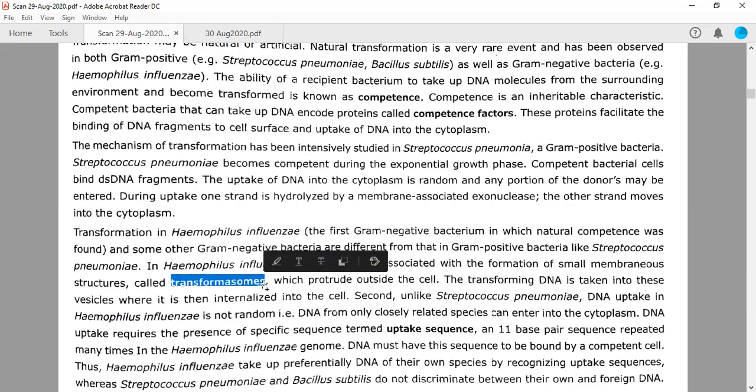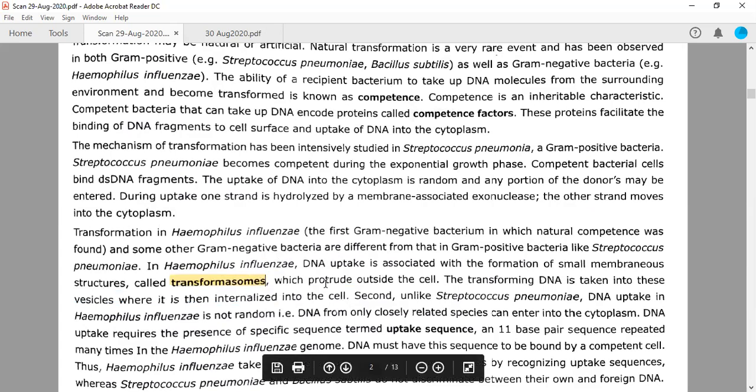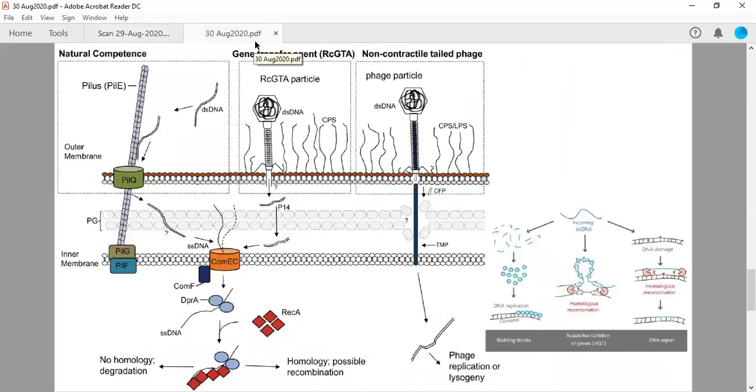They are only found in gram-negative bacteria, right? Which protrude outside the cell, as it's shown here. It is not shown in this particular diagram.